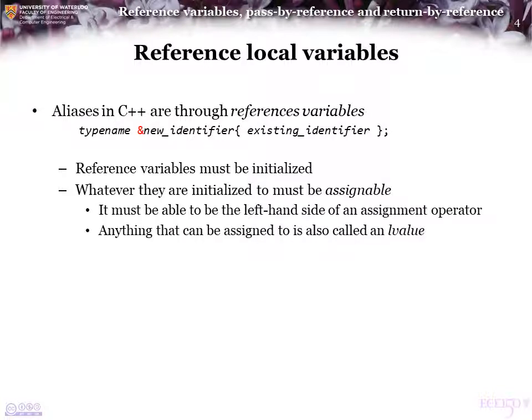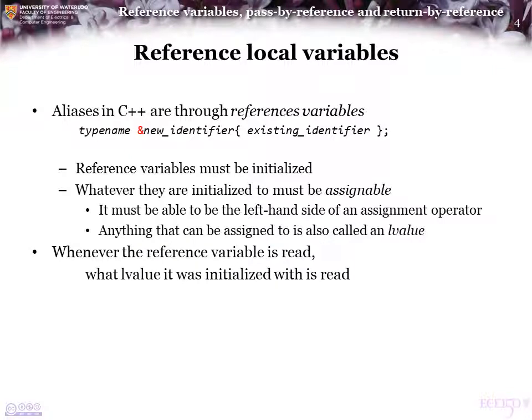Anything that can be assigned to is also known in C++ and in computer engineering in general as an L value. Why an L value? Because it can appear on the left-hand side of an assignment operator. As you may guess, anything that can appear on the right-hand side of an assignment is called an R value. So whenever a reference variable is read, whatever L value it was initialized with is what is actually read.